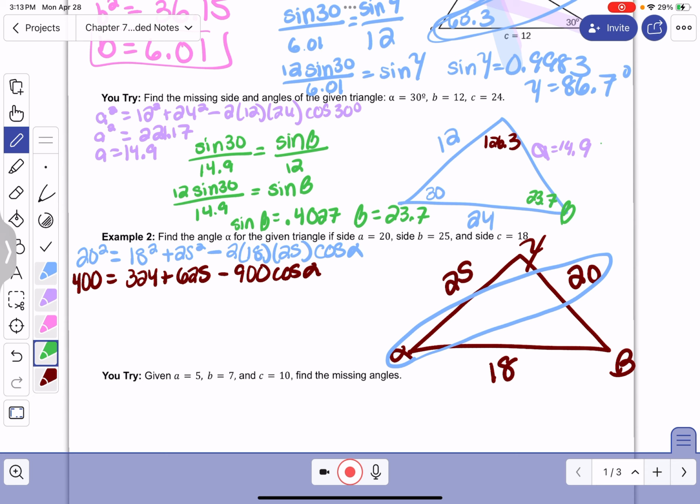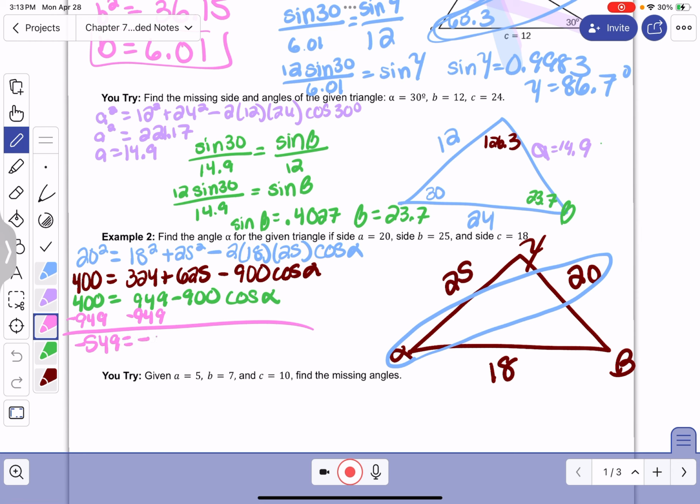I'm going to combine like terms. So 324 plus 625 is 949. Now I want to get the cosine alone. So I'm going to subtract 949 from both sides. And I get negative 549 equals negative 900 cosine alpha.